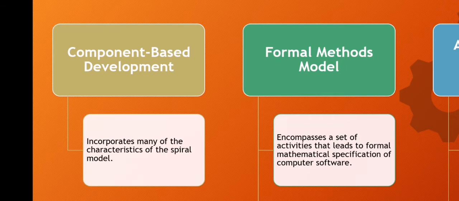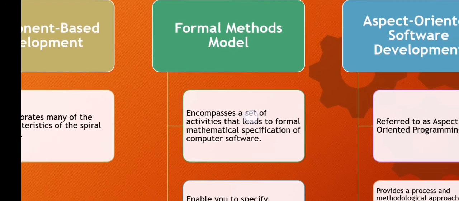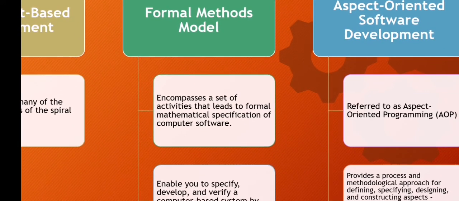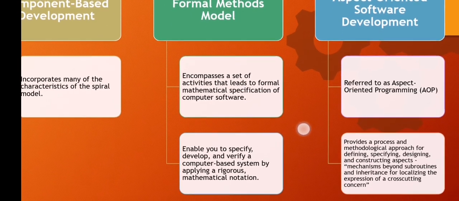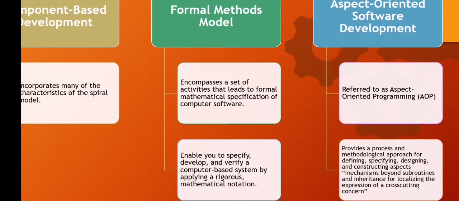Now, second, we have the formal methods model. The formal methods model encompasses a set of activities that leads to formal mathematical specifications of computer software. So it enables a software engineer to specify, develop, and verify a computer-based system by applying rigorous mathematical notations.